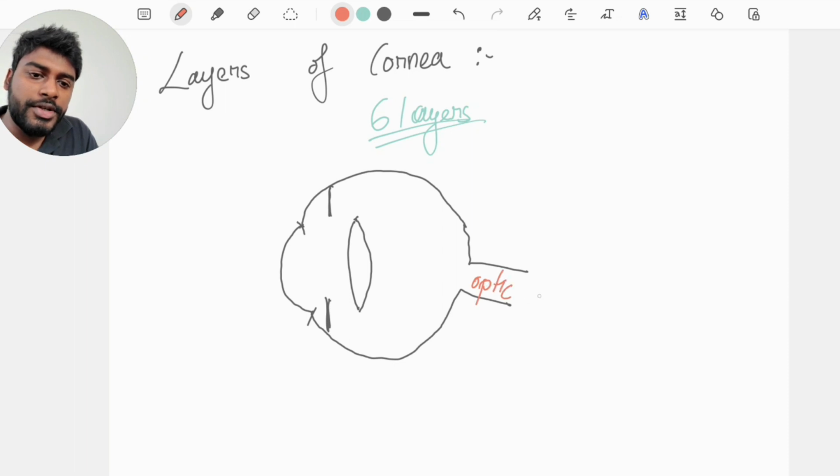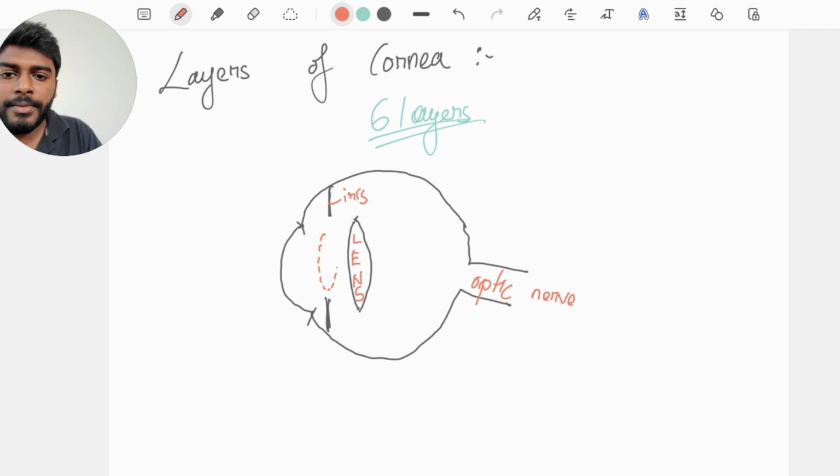This is your optic nerve, and this one is your lens, and this is your iris, and here it's called the pupil, and this part, the junction, is called the limbus, and this is your sclera, and this part is your cornea.